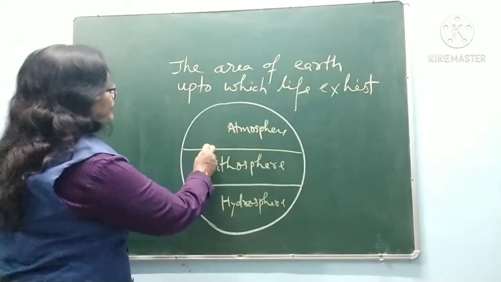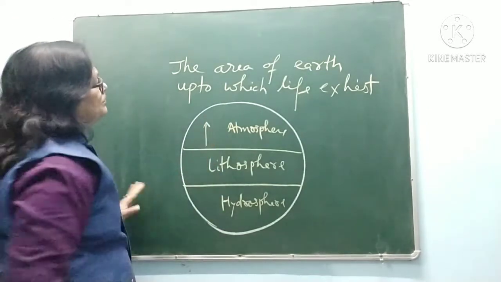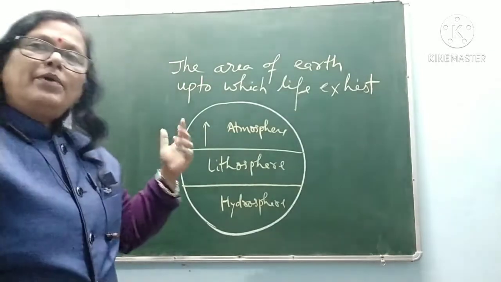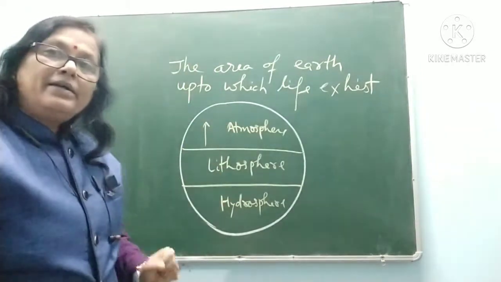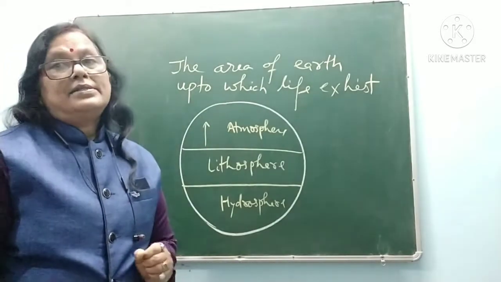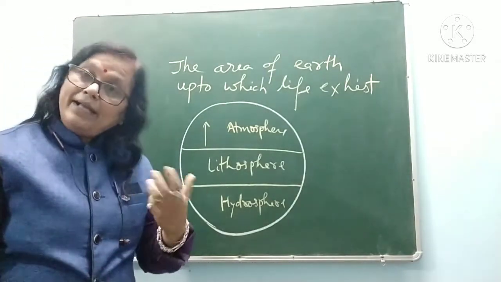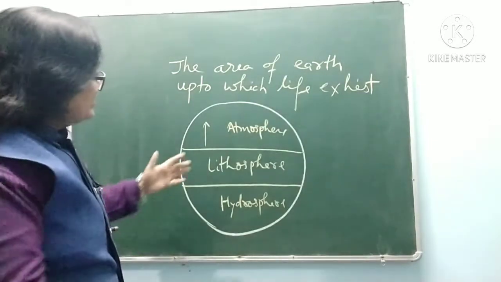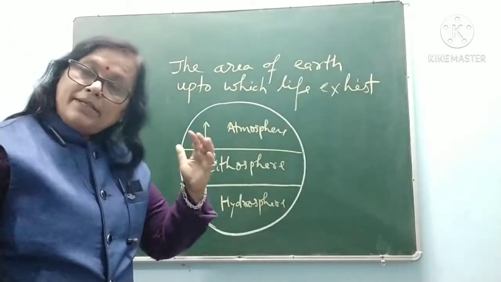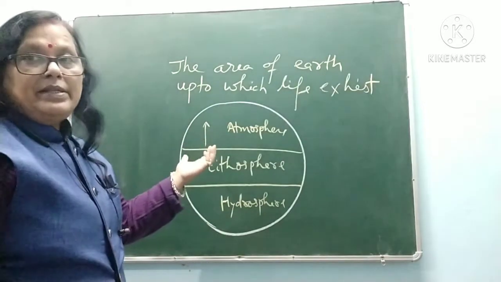Okay. So up to about 14.5 kilometer in the stratosphere, the atmosphere is somehow dense. The air is dense, and human beings and other animals and species remain there.